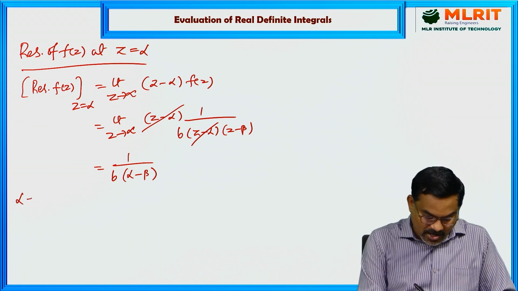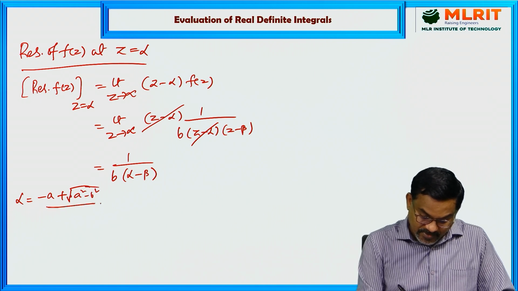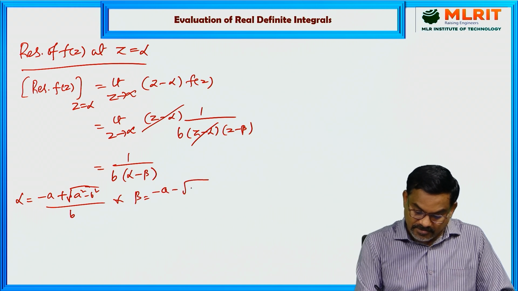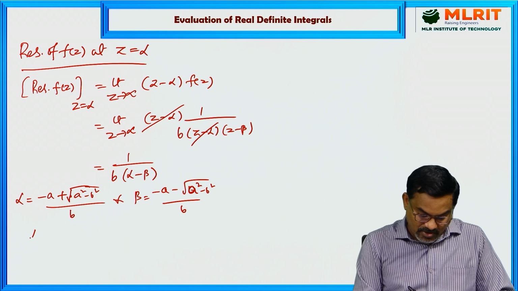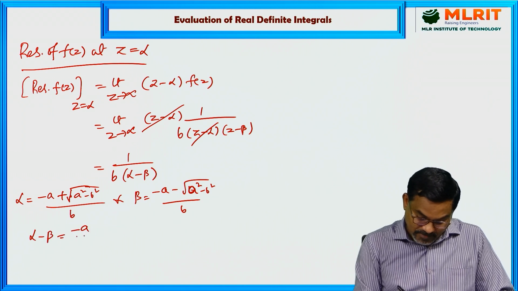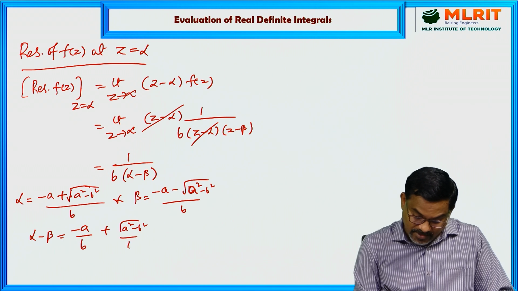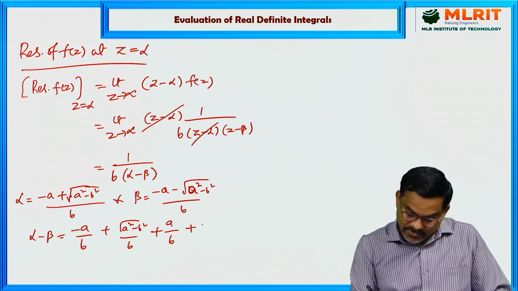And we have alpha is minus a plus root a square minus b square by b, and beta is minus a minus root a square minus b square by b. So alpha minus beta becomes minus a by b plus root a square minus b square by b, minus, so this becomes plus a by b, and again this becomes plus root a square minus b square by b.